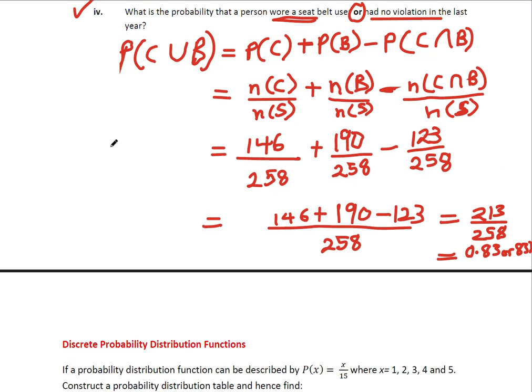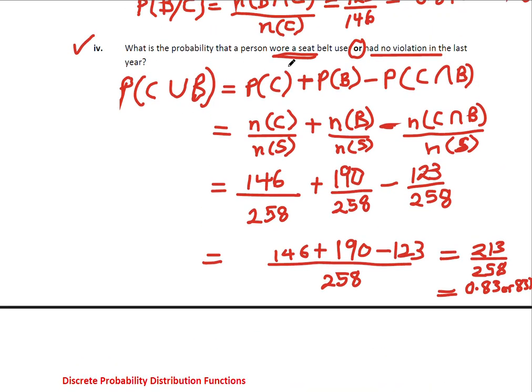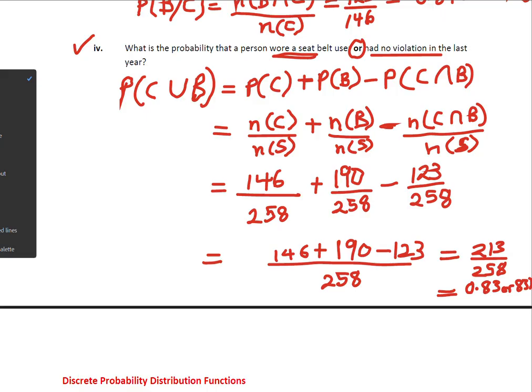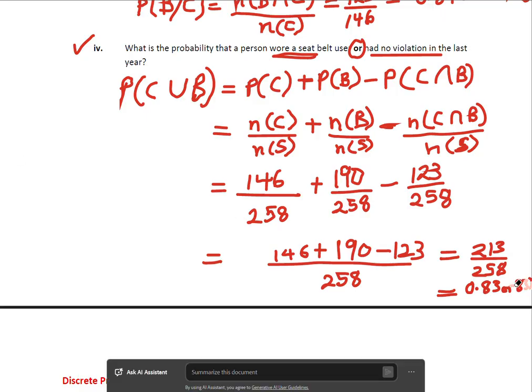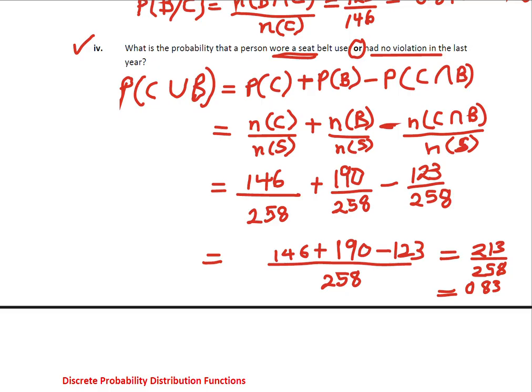There's an 83% chance that a person selected at random from this data set either wore a seatbelt or had no traffic violations last year. So these kinds of probabilities are very important in understanding complex data sets which have multiple variables, right? So this is or 83%.